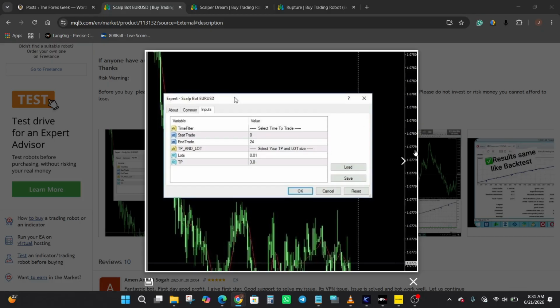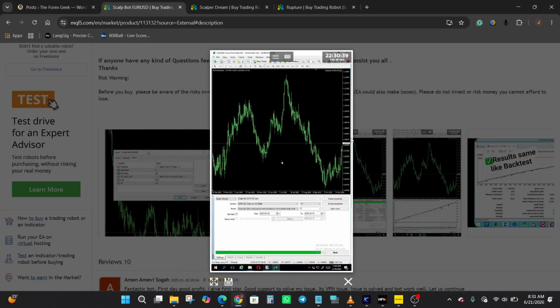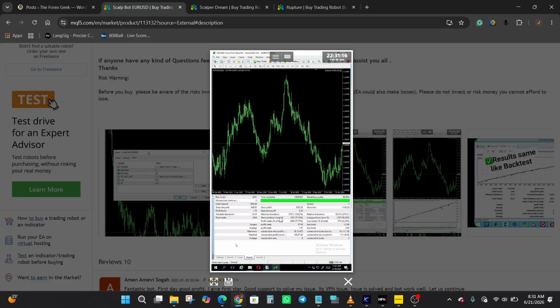Now, looking at the provided information here, this shows us the inputs of the expert advisor, and then here this basically just shows us the tester settings, and then here we have the result being displayed. I can see here that initial deposit was $1,000, and total net profit was about $869.92.